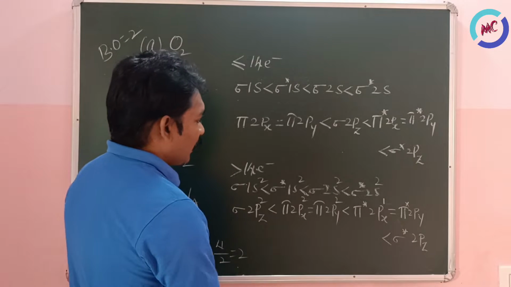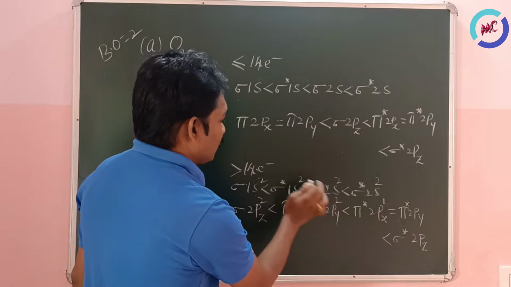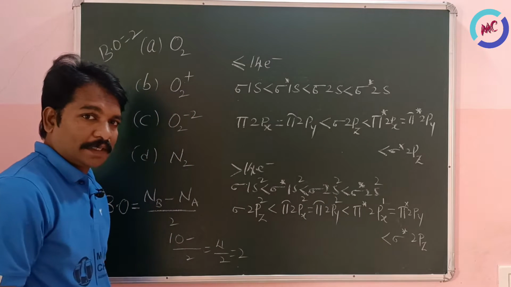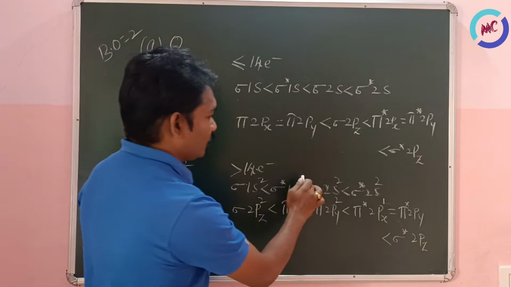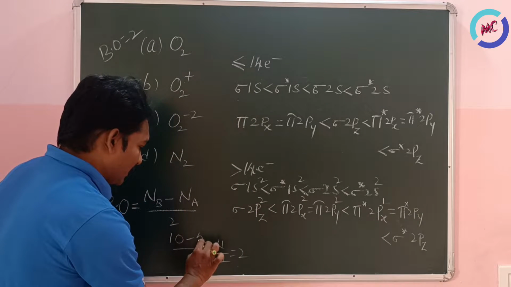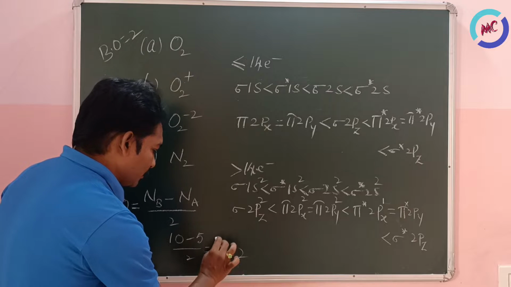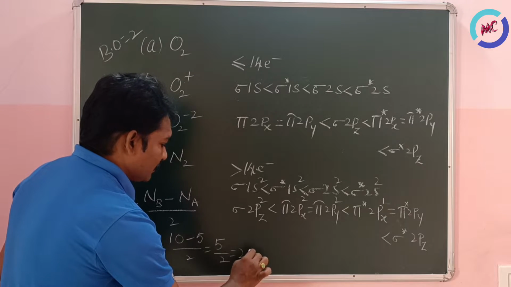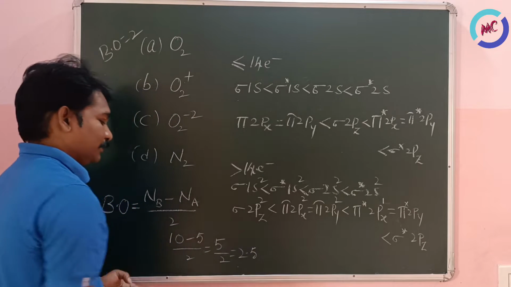Now, number of bonding electrons 1, 2, 3, 4, 5. 5 twos are 10. It's fine. Number of antibonding electrons 2, 2, 4, and here 1. 5 is there. 10 minus 5, that is equal to 5 by 2, which is 2.5.